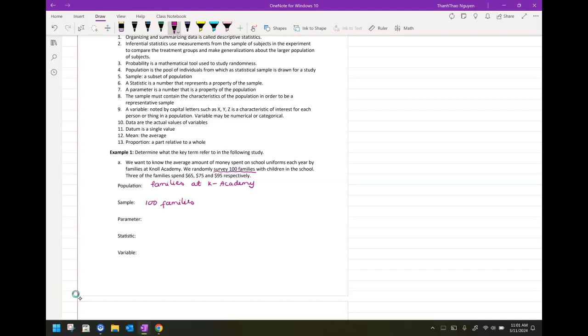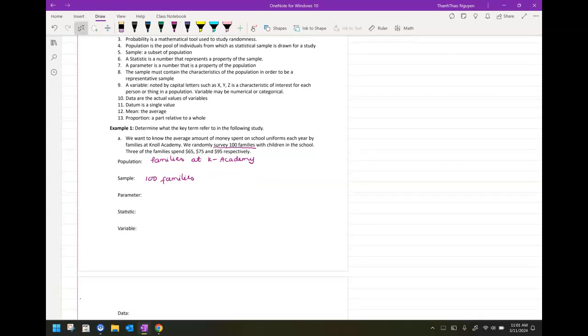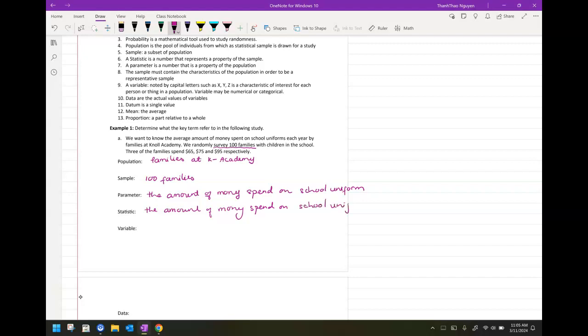Three of the families spent this much. So the parameter is what it is that we surveyed. We want to know the amount of money spent on school uniforms. The statistic is the amount of money spent on school uniforms of the 100 families.